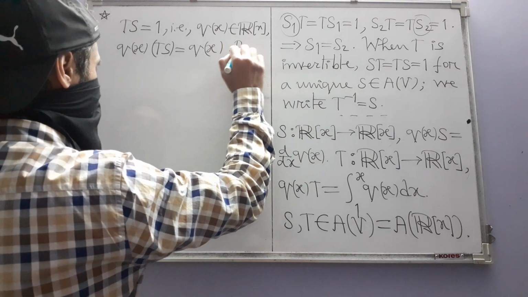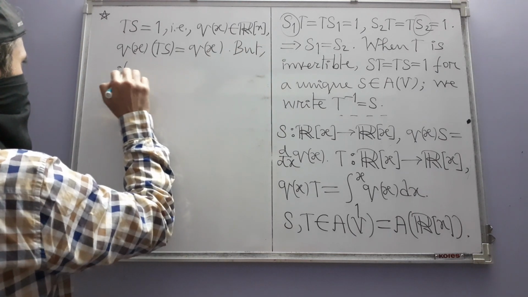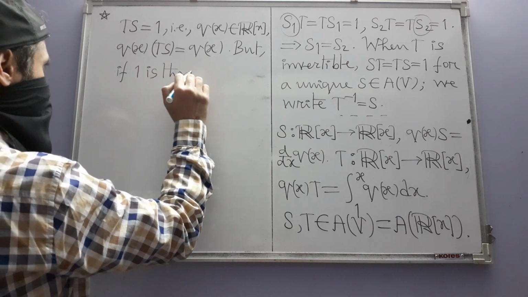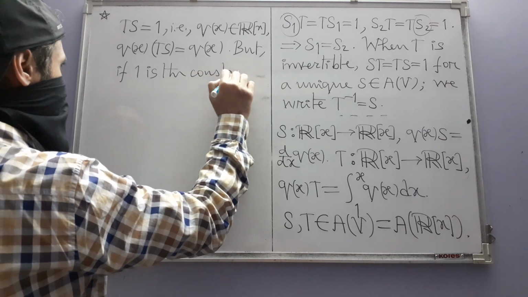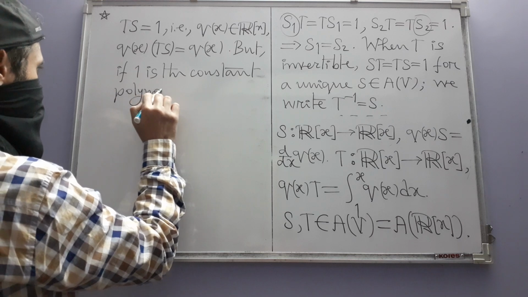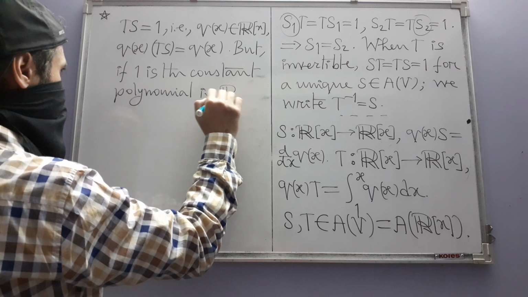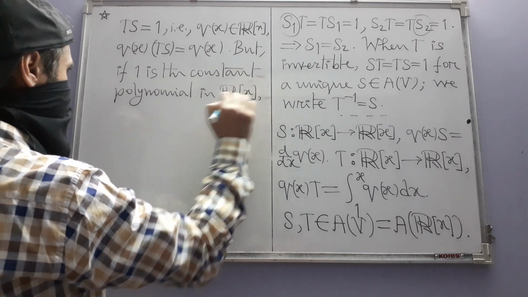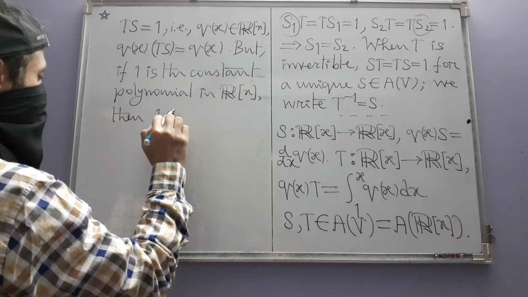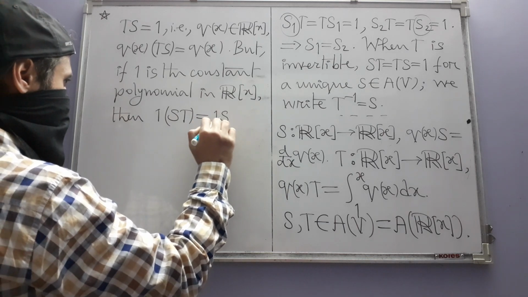But if 1 is the constant polynomial in R[x], then on 1 if you apply ST, what does that mean?